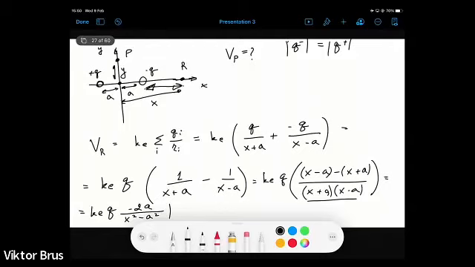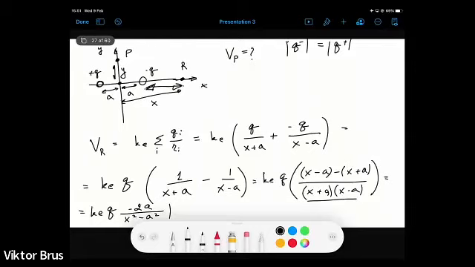With this, I would like to summarize. We discussed in detail and derived the equation of electrostatic potential distribution around a point electric charge. We have shown that we can use the relationship between electric field and electrostatic potential to calculate electric field distribution from electric potential distribution.